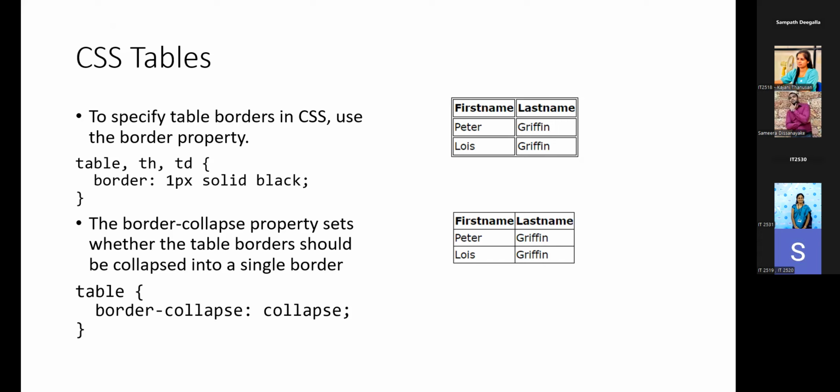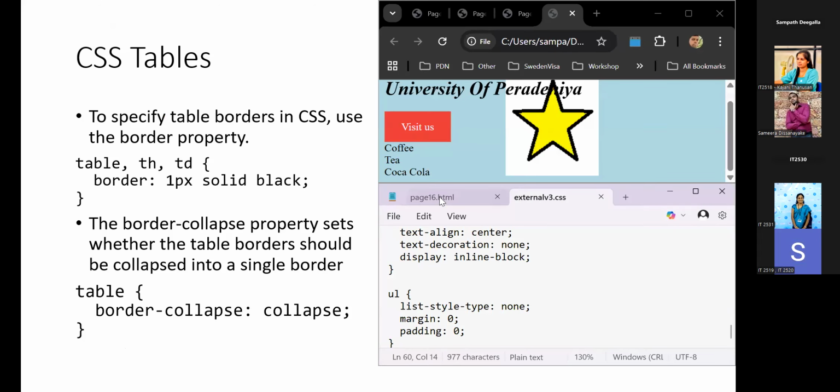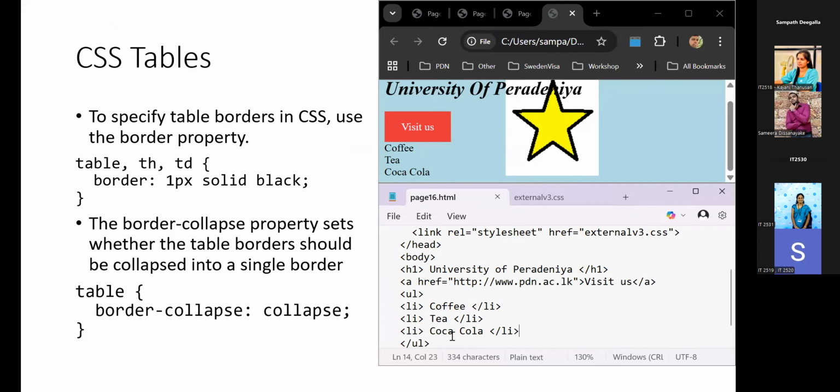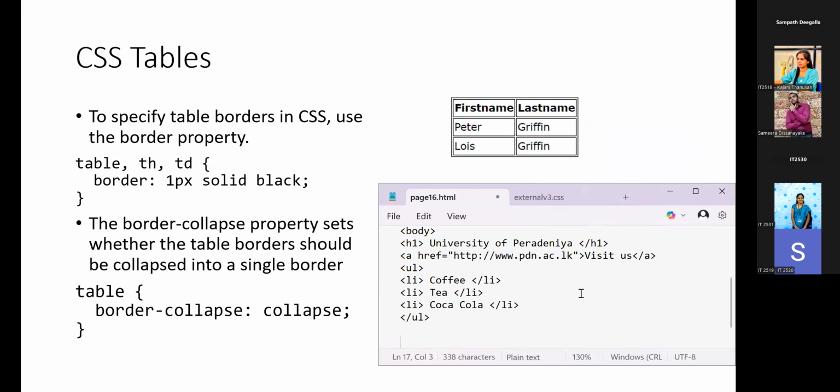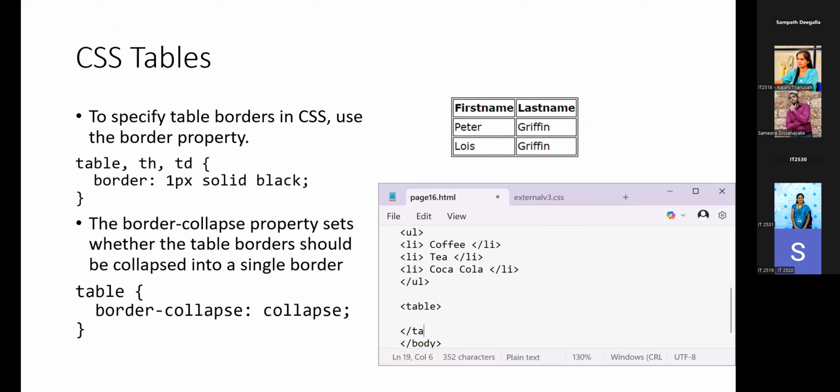Next one, similarly, what we have learned about tables. Putting up tables, you can also apply CSS. So let's see how we can apply those. In this case, I'm going to have a very small table after this. So this is the list that we have. Now let me have the small table just to explain how we may use it. I hope you remember how we implement the table.